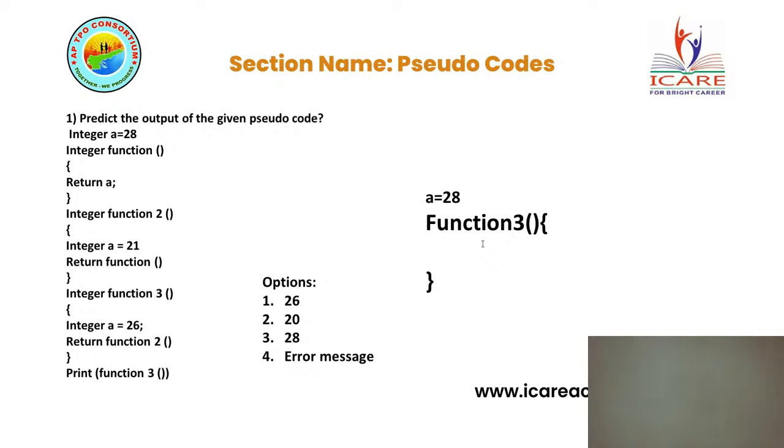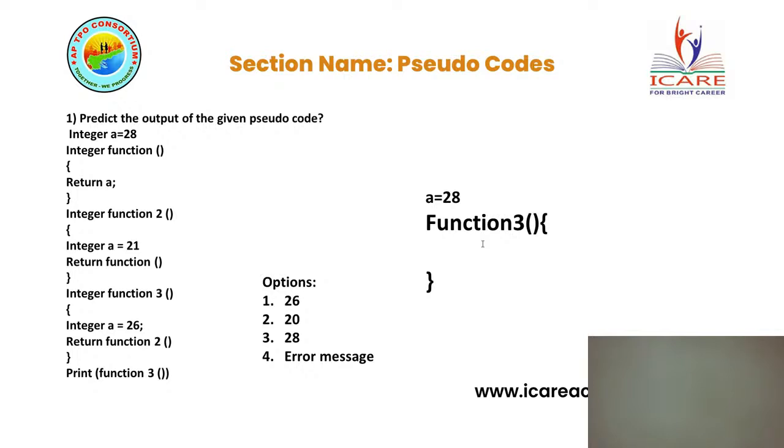Within function 3 there is again integer a is equal to 26. Here is some other declaration again, and here we have some confusion. Previously we have declared that a is equal to 28 and again it is declaring that a is equal to 26. Here we are getting the concept of global variable and local variable. Global variable is the main variable and local variable is the variable within the function.